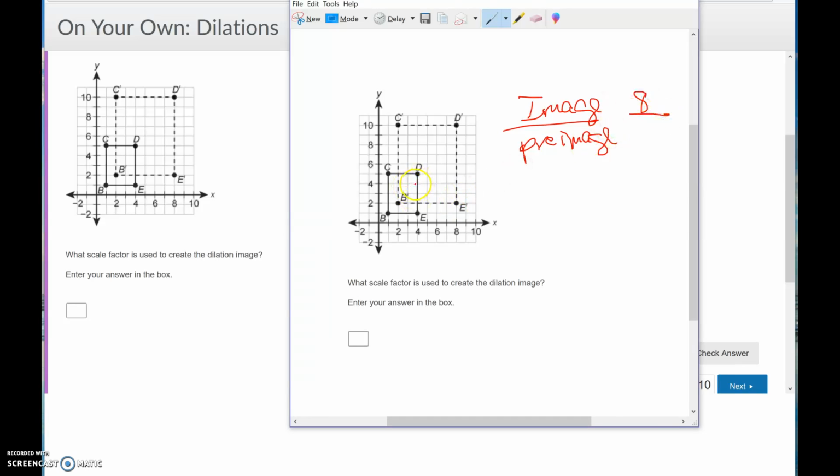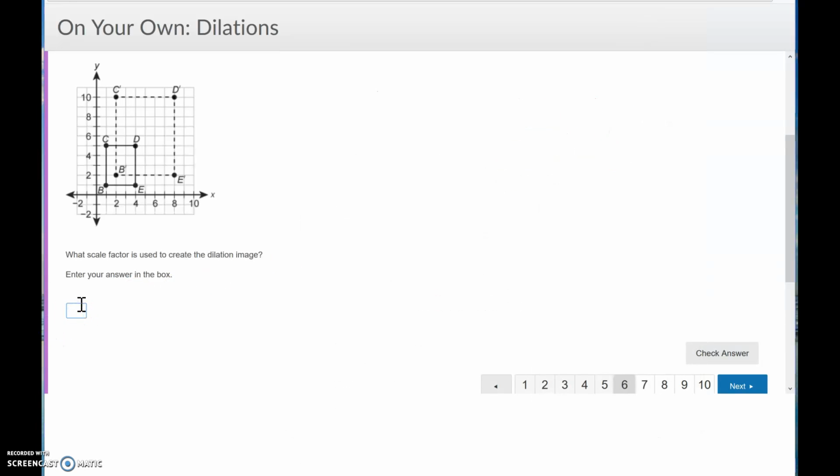Count the same side on the pre-image: 1, 2, 3, 4. 8 divided by 4 is 2, so the scale factor is 2.